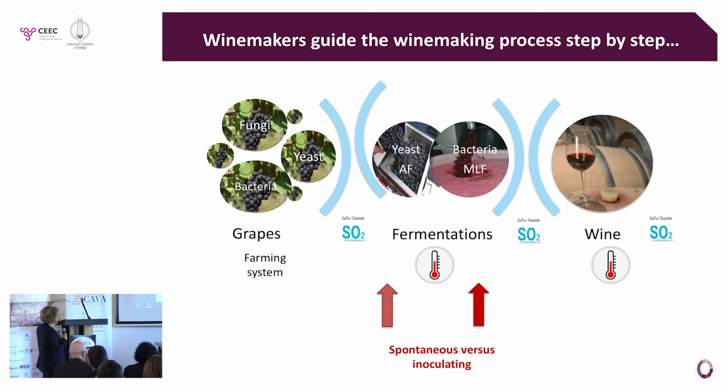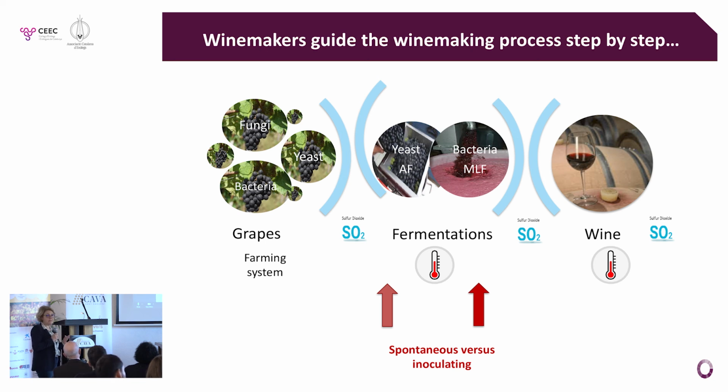So they can use sulfur dioxide, which has antimicrobial effects, just at the vatting stage, but then after the alcoholic fermentation or malolactic fermentation, and of course during the wine aging process. There is a problem with sulfur dioxide use, for example, against Brett, because we have evidence now that there are some strains of Brettanomyces bruxellensis that are tolerant or resistant to sulfites.